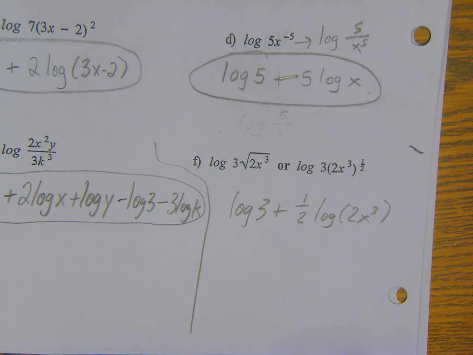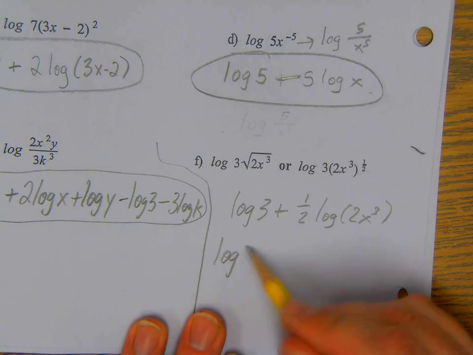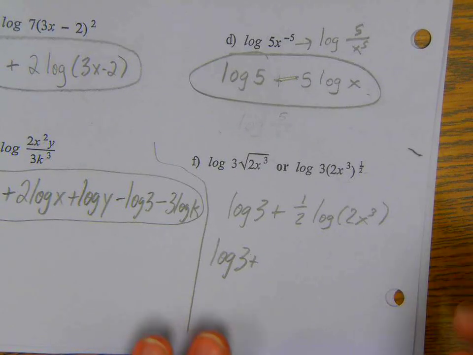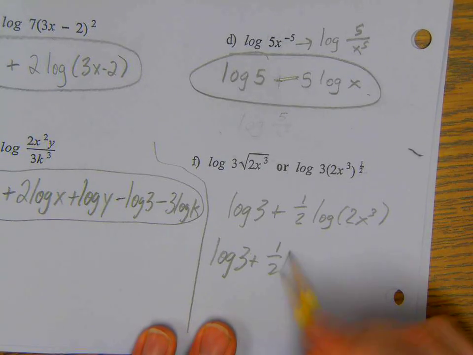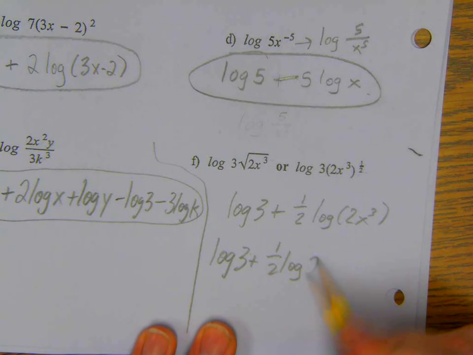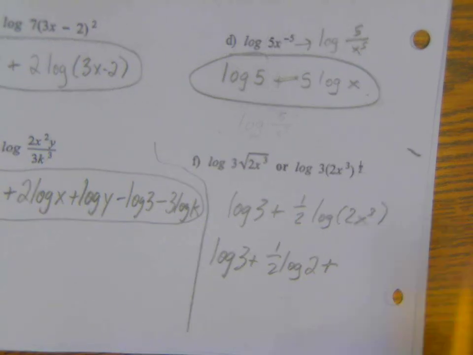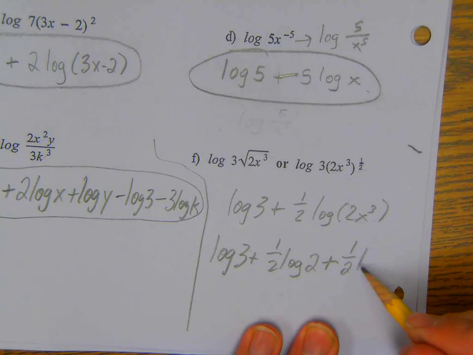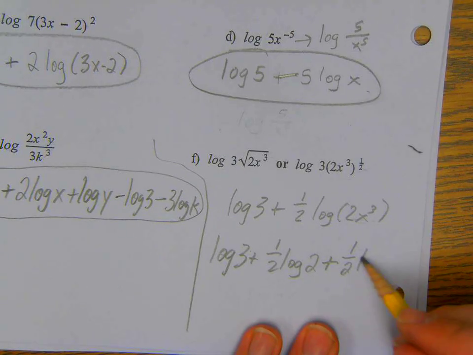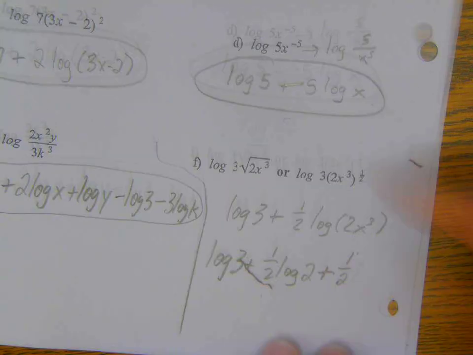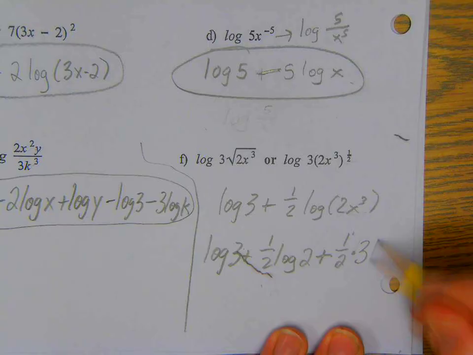Well, actually, we should separate this out now, shouldn't we? This isn't the final answer we should write, because I've got log of 2 things right here. So actually, I should write log 3 plus 1/2 log 2 plus, this 1/2 is going to go in front of both of these parts. 1/2 times 3 log x.